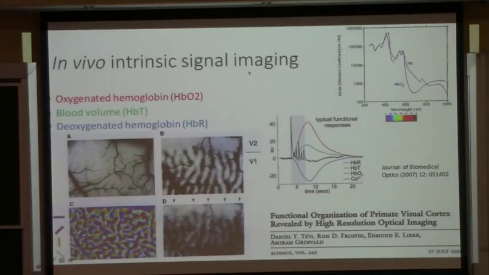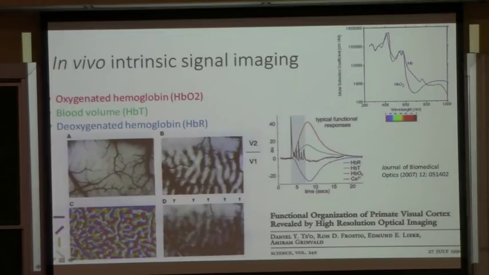The other one is intrinsic signal imaging. This utilizes the property that in our brain we have a lot of oxygenated hemoglobin and deoxygenated hemoglobin, carried by the blood flow. When your neuron is excited, it will use energy and oxygen, so the blood flow will carry more oxygenated hemoglobin into that part of your brain.